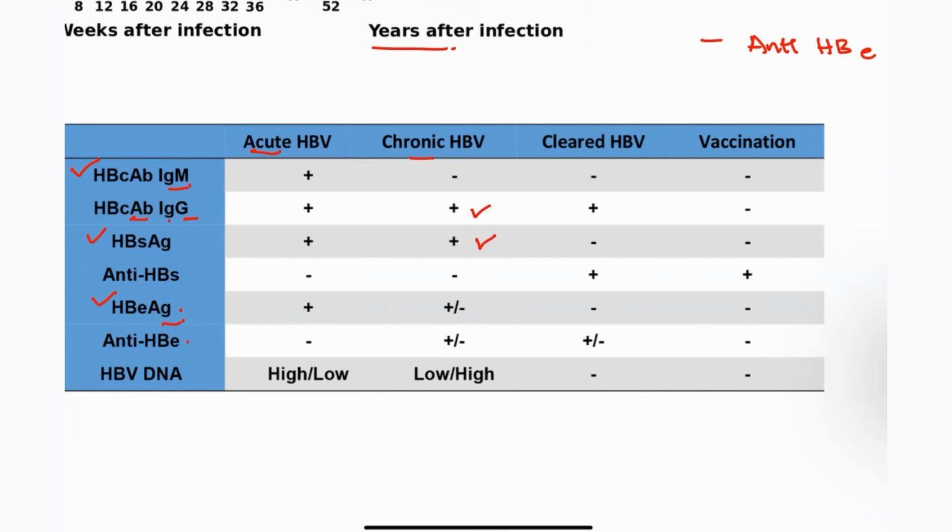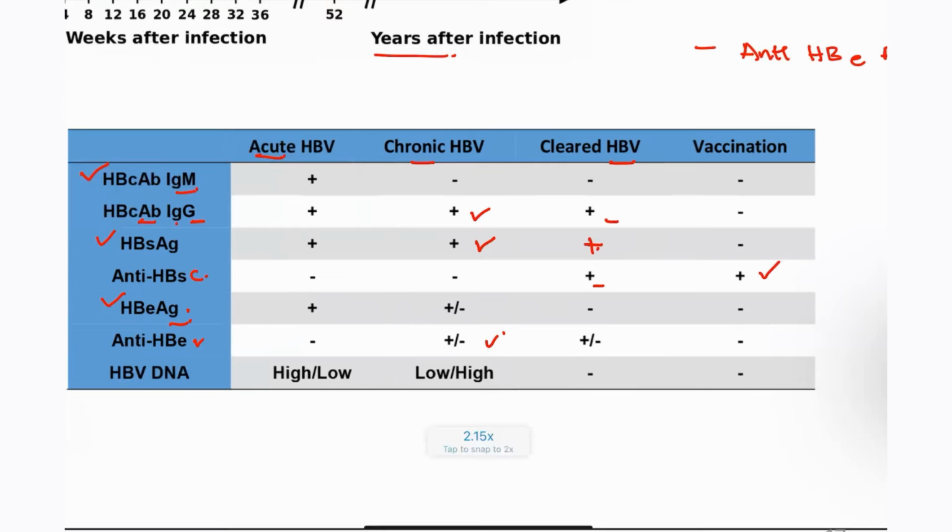Next, anti-HBe will be positive for this patient. Next, cleared HBV: HBsAg will not be seen in this patient, anti-HBs is positive and anti-HBc antibodies are also positive. Vaccinated: only anti-HBs is seen, as in cured or vaccinated patients.